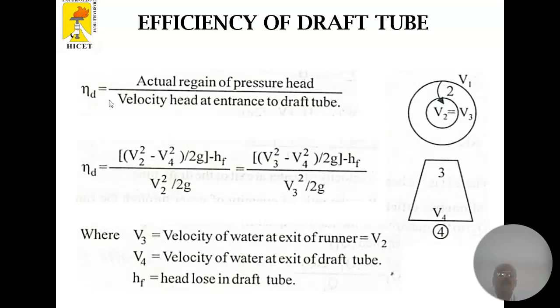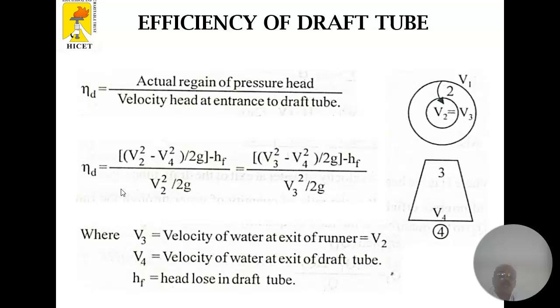So we have to substitute this equation: actual regain of pressure head. So we have to calculate the pressure head, kinetic energy minus loss of pressure. So basically this equation is substituted with the various kinds of velocity.